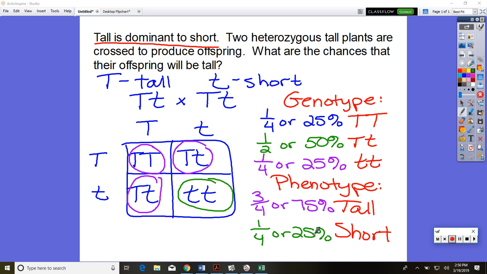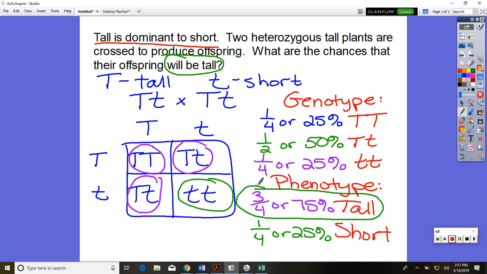Last thing we want to do is see what this question is asking us in particular. And it does say, what are the chances the offspring will be tall? So we're really only concerned with the answer that tells us how many offspring are tall. And that is 75%. So this question didn't ask us about genotype, and it didn't ask us about the short phenotype. It only asked us about the tall phenotype.